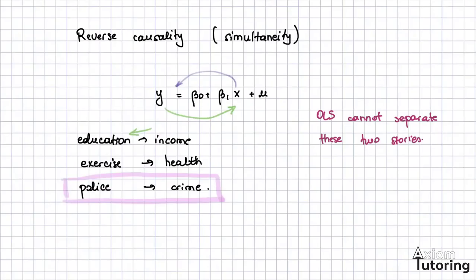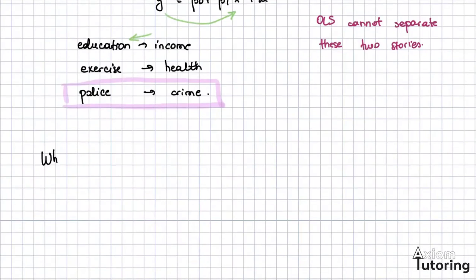Now, why does OLS struggle? Remember, one of the assumptions that we've been carrying through this entire econometric series is that the covariance between x and u, the error term, is 0.